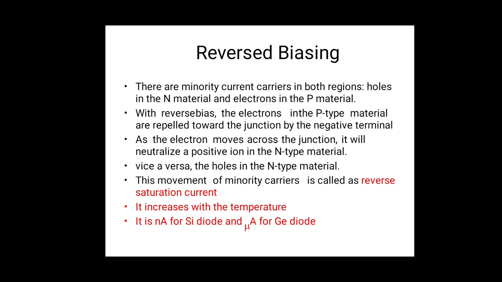With reverse bias, the electrons in the p type material are repelled towards the junction by the negative terminal. As an electron moves across the junction, it neutralizes the positive ions in the p material. Vice versa for the holes in the n type material. This movement of minority carriers is also called the reverse saturation current.